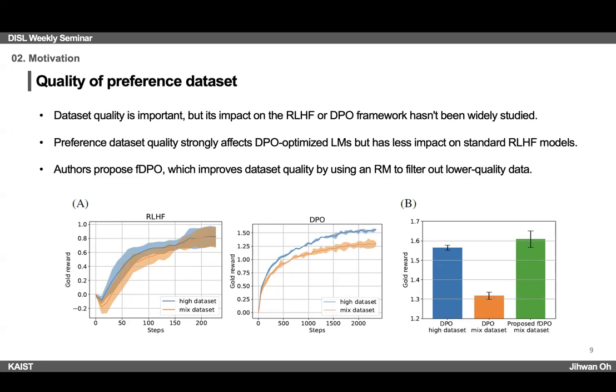The authors propose filtered DPO, simply called FDPO, which improves dataset quality by using a reward model to filter out low-quality data. As shown in Figure B, the blue one shows the model's DPO performance using high-quality datasets, and the orange one shows the DPO performance using mixed-quality datasets. FDPO using data filtering shows better performance even on mixed-quality datasets.